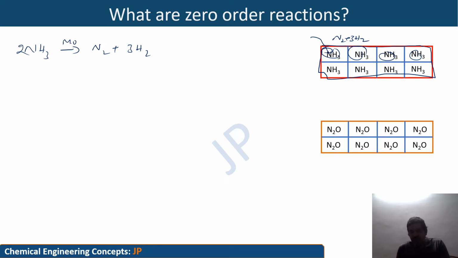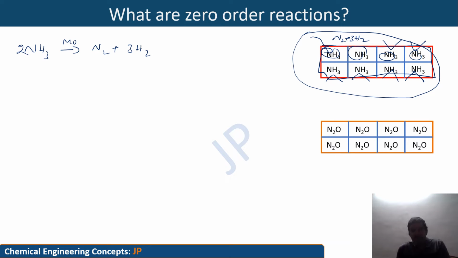As soon as the product forms, there is a vacant space here, and that is readily occupied by the pool of NH3 molecules available over the catalyst surface. Likewise, it happens everywhere. But at any time, the concentration of ammonia molecules on the surface of the molybdenum catalyst is the same.